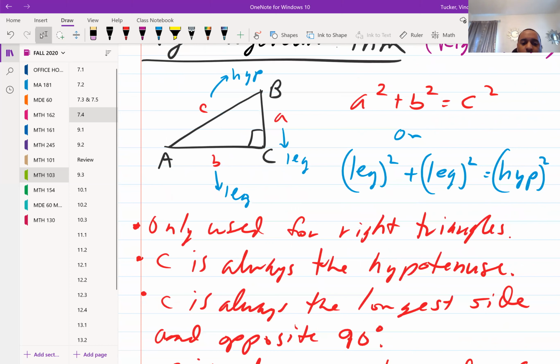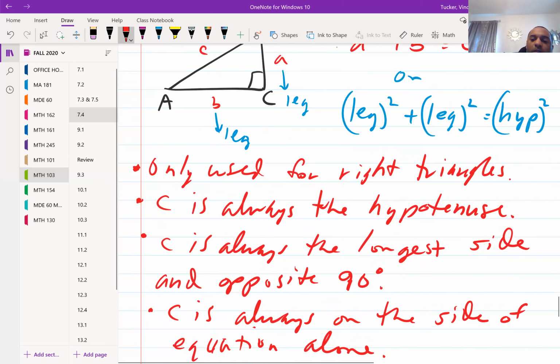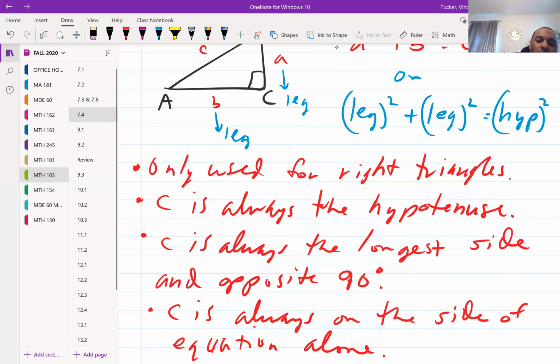C is always the longest side and opposite the 90-degree angle. And C is always on the side of the equation alone.